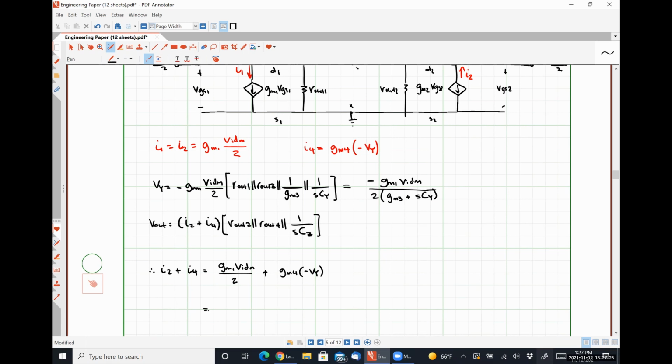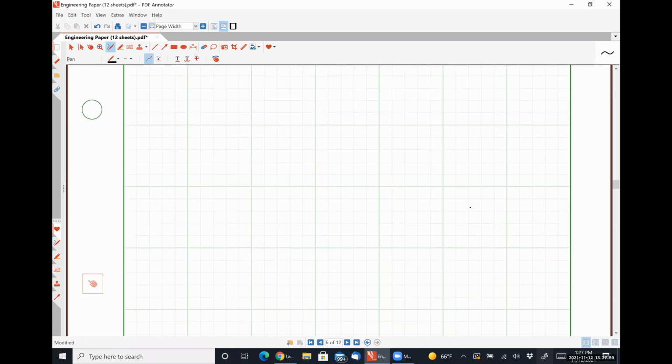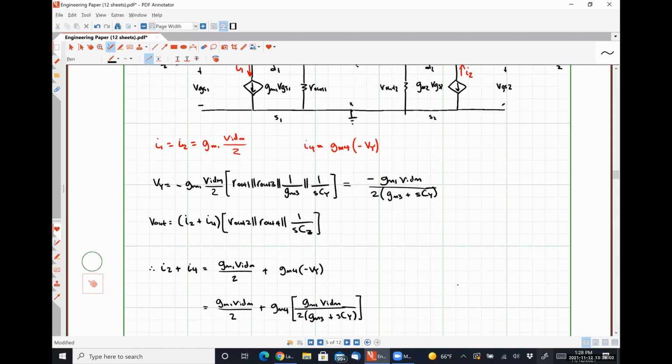And substituting in negative Vy, this is going to give me GM1 VIDM over 2 plus GM4 times GM1 VIDM over 2 multiplied by GM3 plus SCY. Everybody with me thus far?